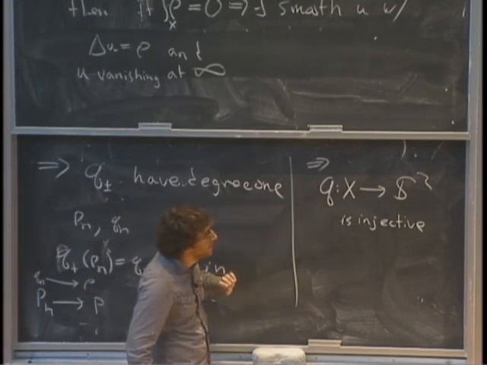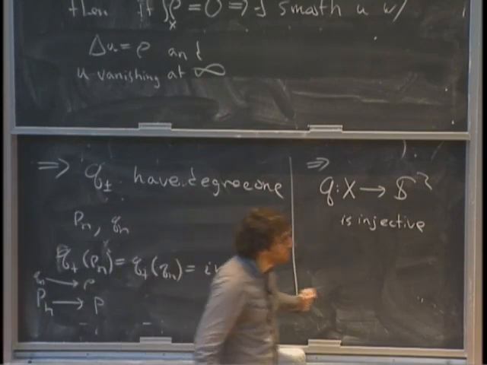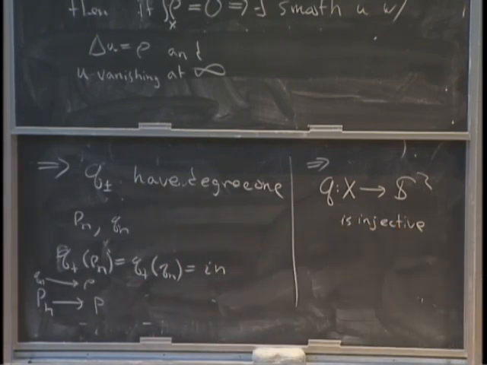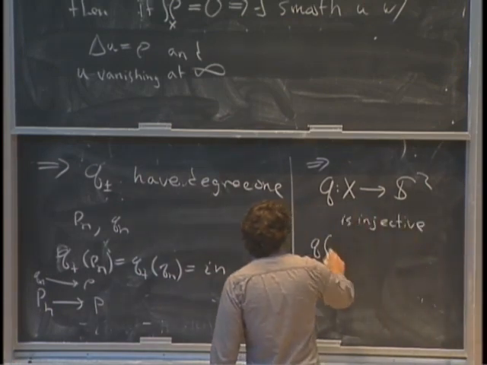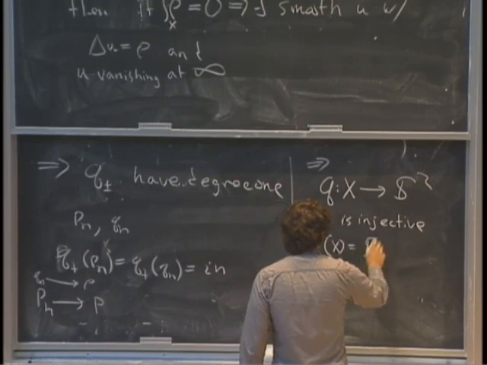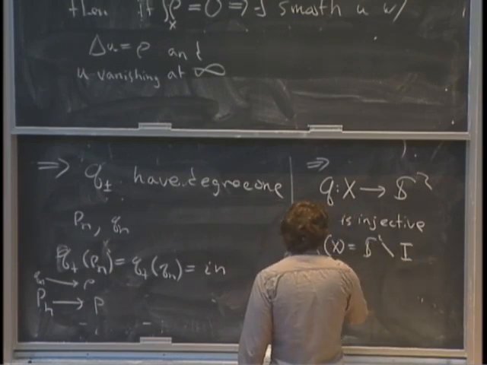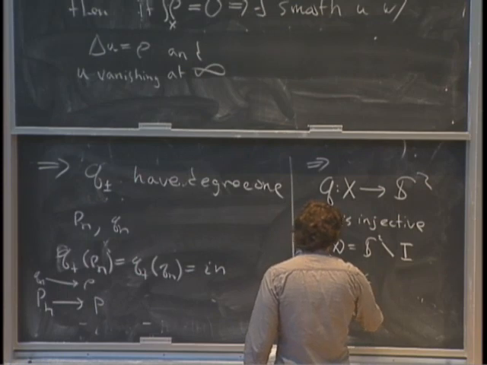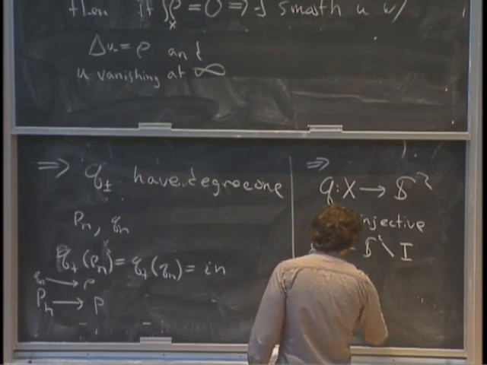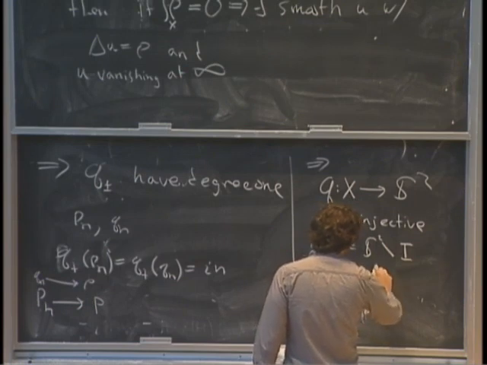But once you know that it's an injective map, then essentially the only thing that can happen is that the image is just S2 minus I, where I is some compact subset of the real axis.